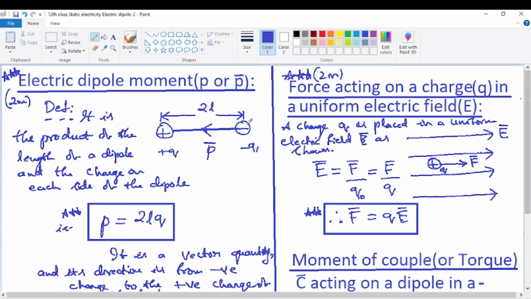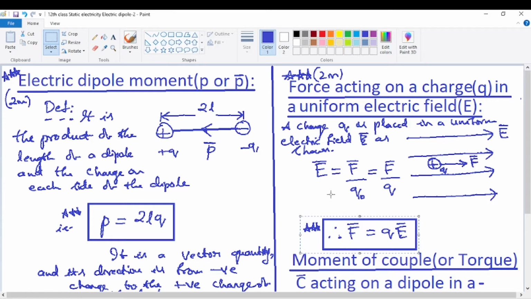Next, there is another two lines, but there is no place here. So I'll just shift the equation a little down, and this equation also, I'll shift a little down.